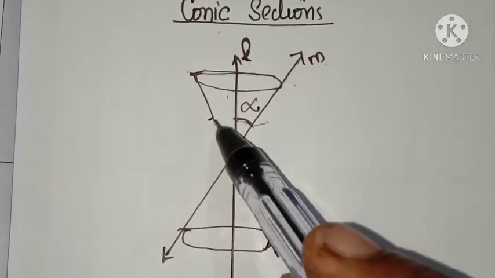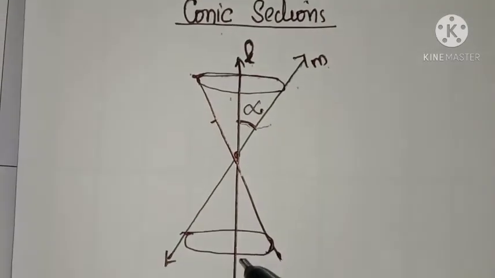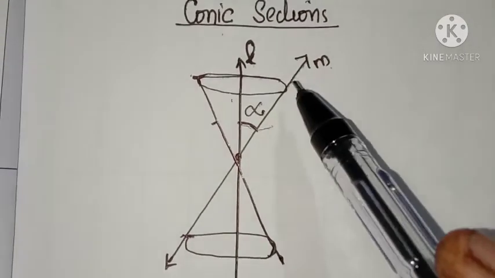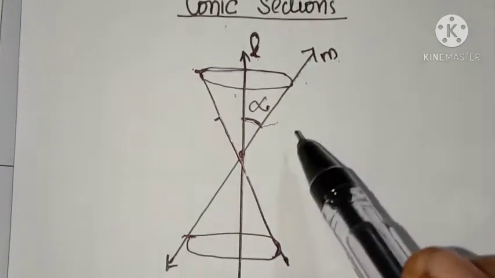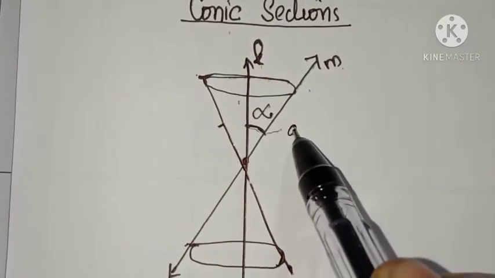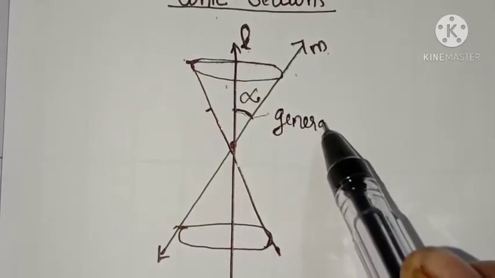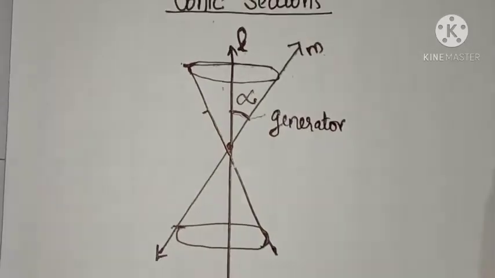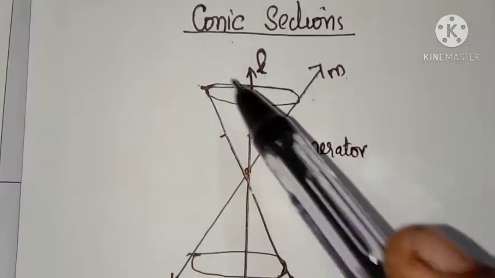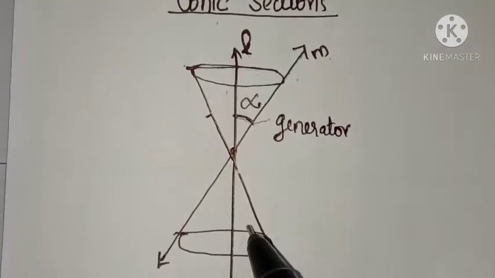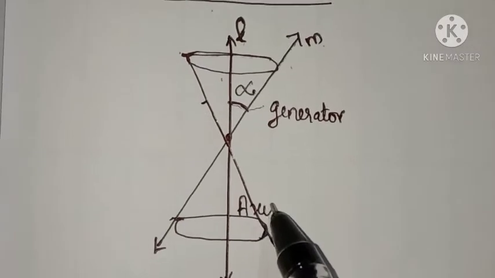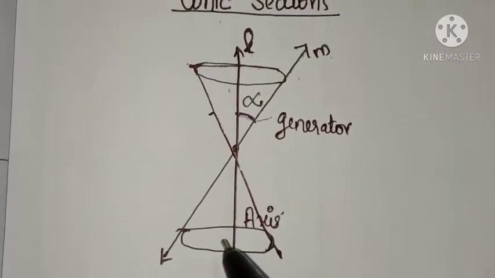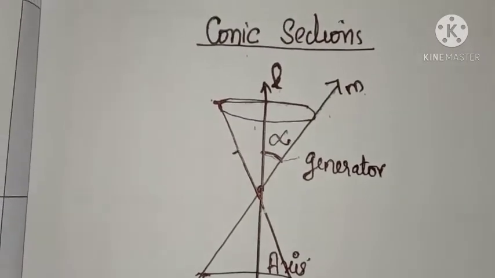In this we are rotating the line M, and therefore M is known as the generator, and the fixed line L is called the axis of the cone.